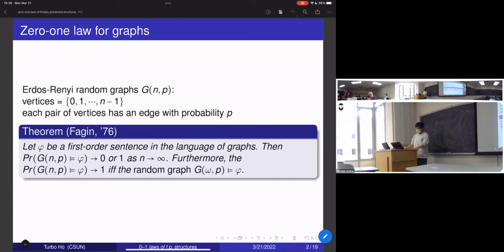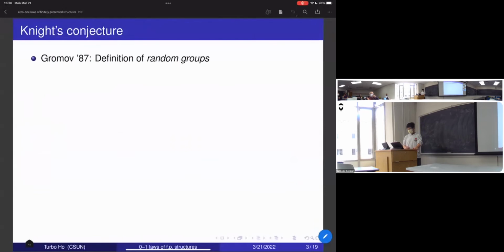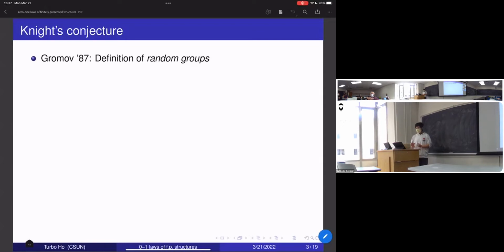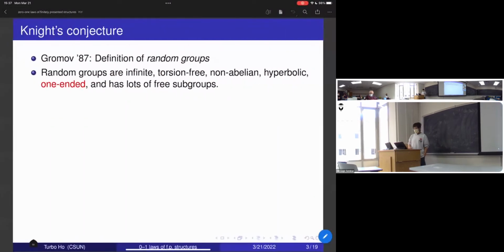So one common example that people outside of logic have done is random groups. I'll tell you a little bit about random groups here. This originated in 1987, given by Gromov. We're not going to get into the gory detail of the definition of random groups.